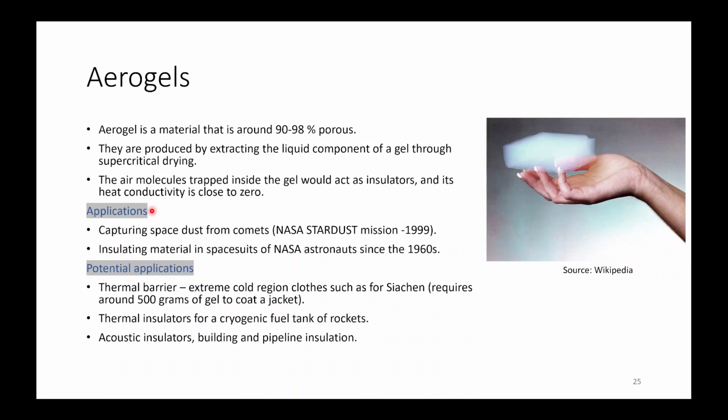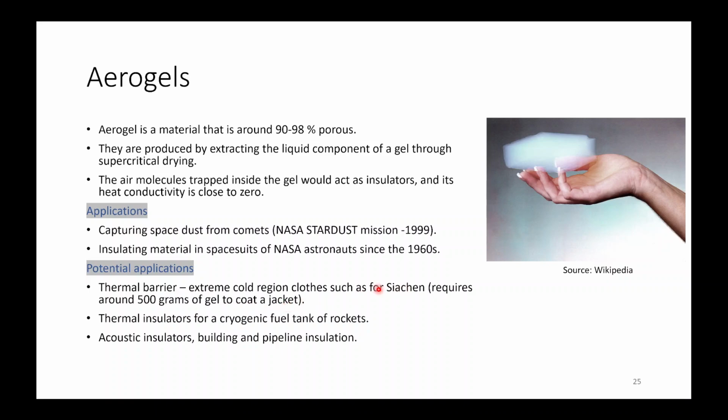Some of the applications, these are used for capturing space dust from comets, and it is also used as insulating material in space suits of NASA astronauts since 1960s. And potential applications include thermal barriers, like in extreme cold regions, clothes such as for sea urchin requires around 500 grams of gel to coat a jacket.